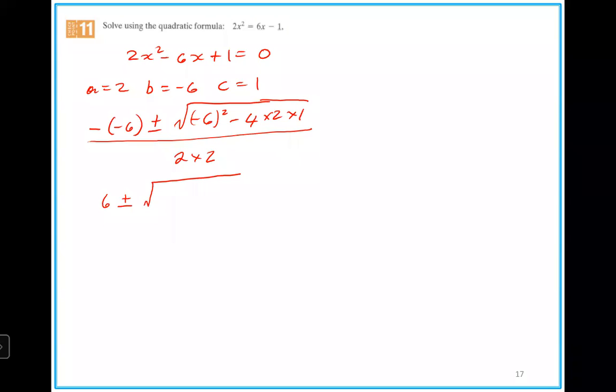Positive 36 minus 8 over 4. 6 plus or minus the square root of 28 over 4.